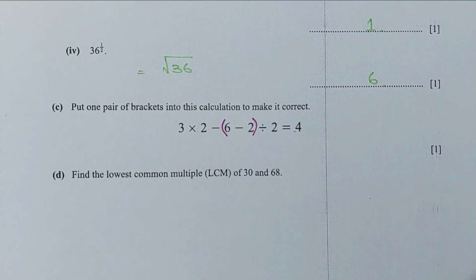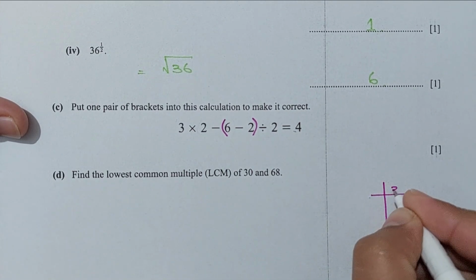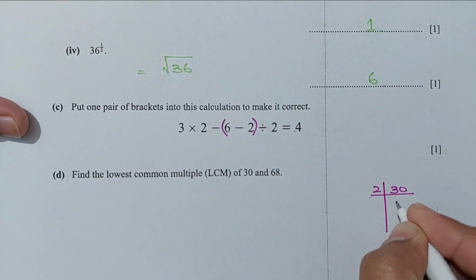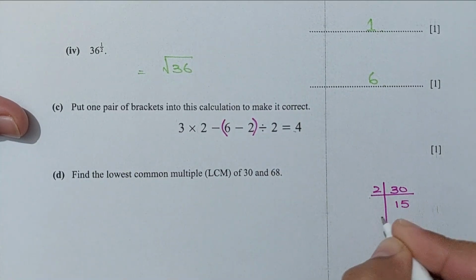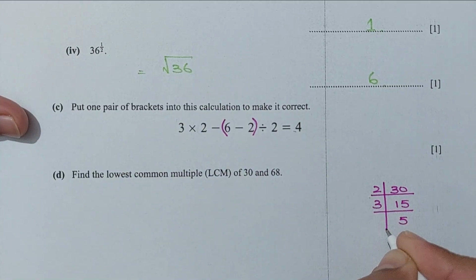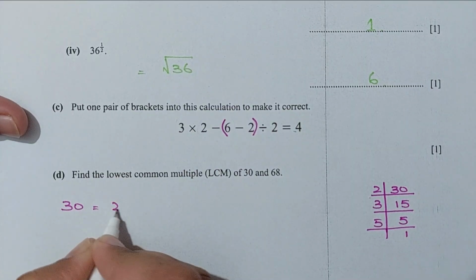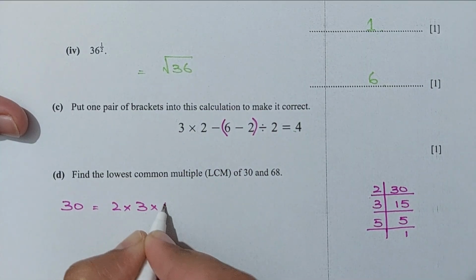Now for part D, find the lowest common multiple, LCM, of 30 and 68. Write down the prime factorization of 30. The prime factorization of 30 is 2 times 3 times 5.